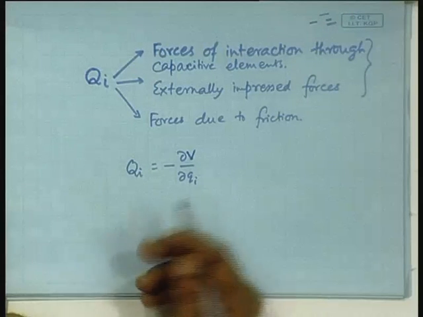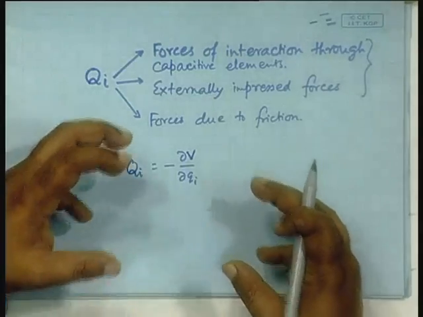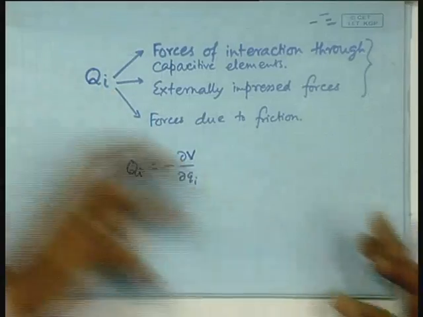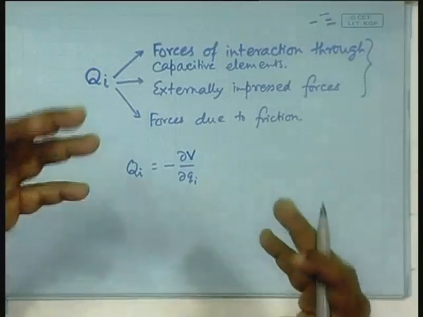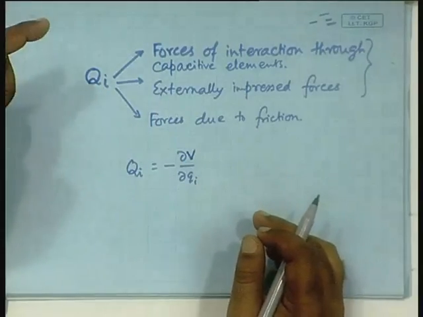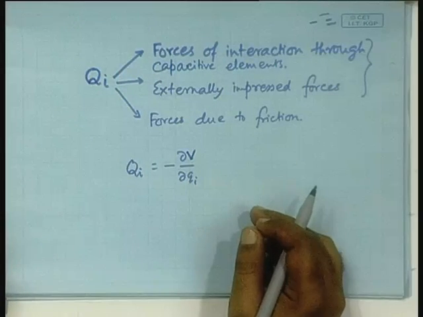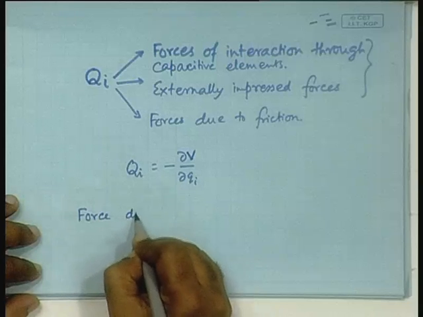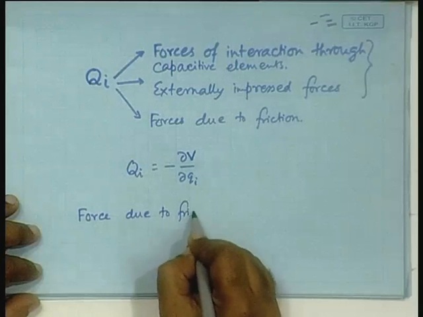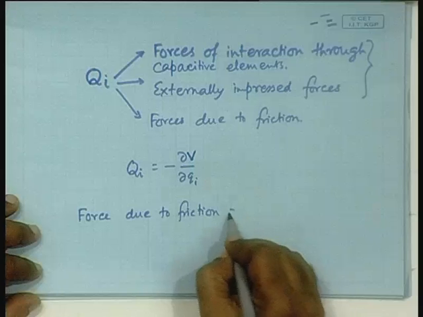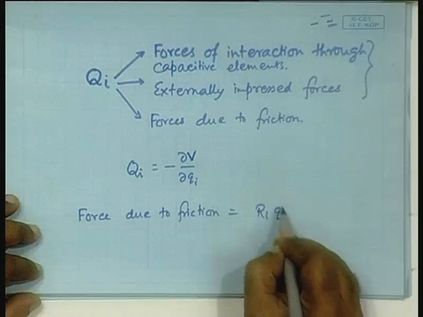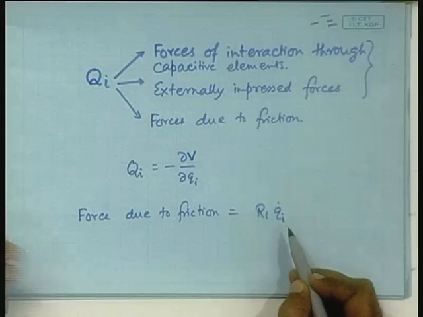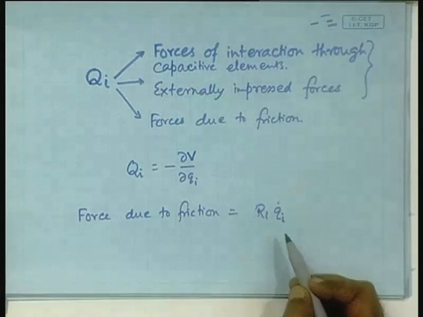So, in general, if the coefficient of friction is r_i and the speed of motion is q_i dot, then I know that the force due to friction will be r_i q_i dot, where obviously i is the ith generalized coordinate, the ith direction.